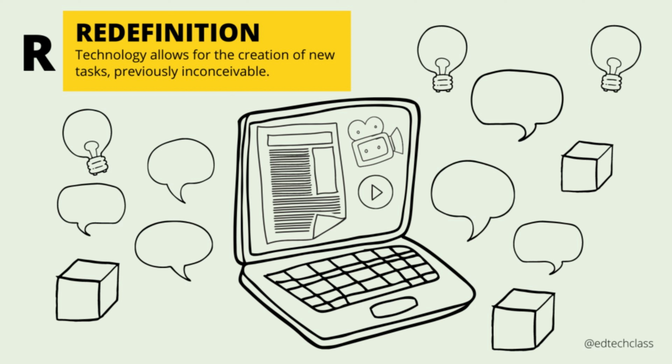After we define each level of the SAMR model, the question is why we need to apply it in our learning and teaching. The SAMR model is very important to us because it helps us move beyond simply adding technology to our teaching and learning. Nowadays we are in a technology era where all people, students, learners, and even teachers are using technology.